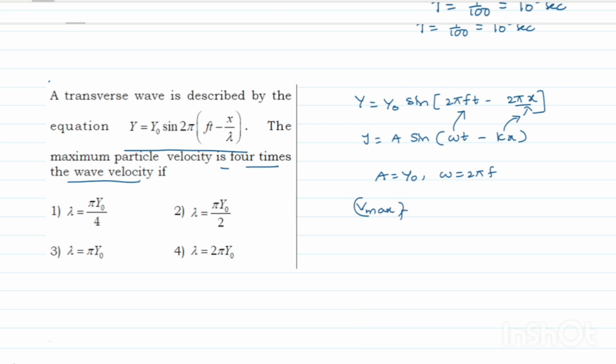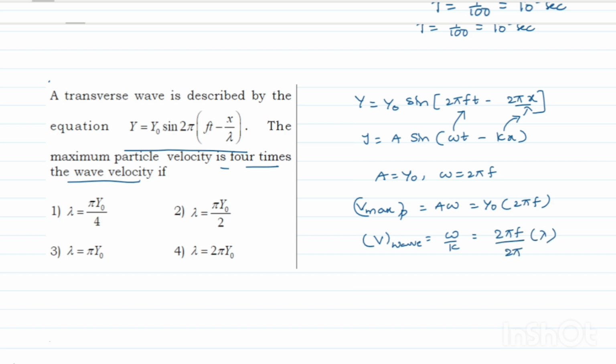So V maximum for a particle will be equal to a omega. A is nothing but y naught, and omega you know already, it's given as 2 pi f. And the velocity of the wave, the formula for wave velocity will be omega by k. Omega you know already, 2 pi f, and k will be 2 pi by lambda.